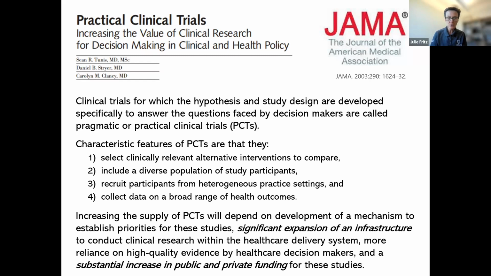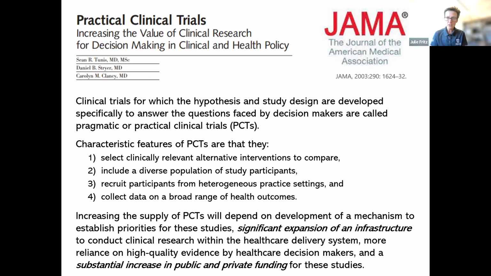And in this particular paper, the key characteristics of pragmatic trials were laid out, and they're enumerated there 1 through 4. That as opposed to other randomized clinical trials, pragmatic trials have clinically relevant alternative interventions, that they include diverse patient populations in their research, that they're intentional about recruiting participants from heterogeneous settings, and they collect data on a broad range of health outcomes.